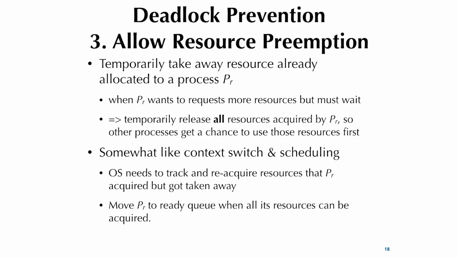So that's a lot like context switching, but for a different purpose, right? Just as a context switch allows you to protect the CPU as a resource, this kind of resource preemption allows other processes to utilize the resources as a way to protect the system, right?